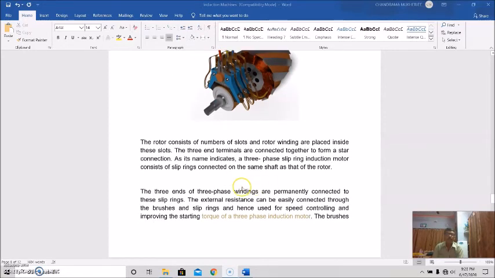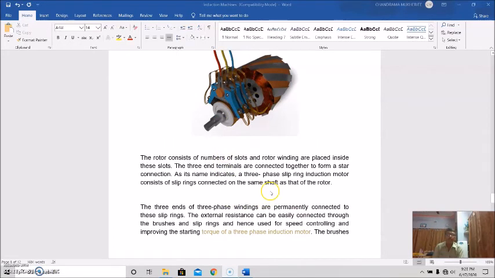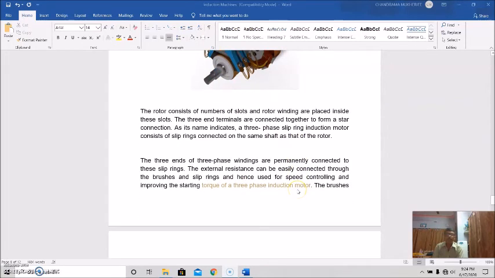The rotor, of course, consists of a number of slots, and rotor windings are placed inside these slots. As the name suggests, a slip ring induction motor consists of slip rings connected on the same shaft as the rotor, and the three ends of the three-phase windings are permanently connected to these slip rings.